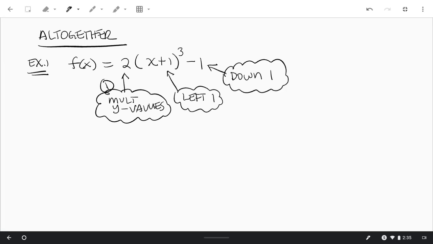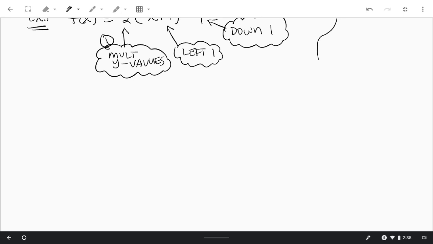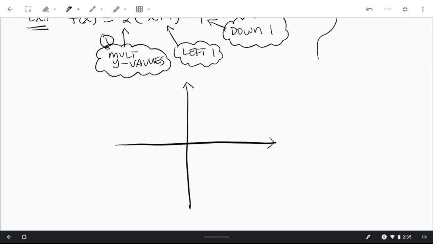And remember, x cubed graph looks like this. Okay, so let's go ahead and graph the parent function, and then we'll do all of these transformations. Okay, so let me get my red.